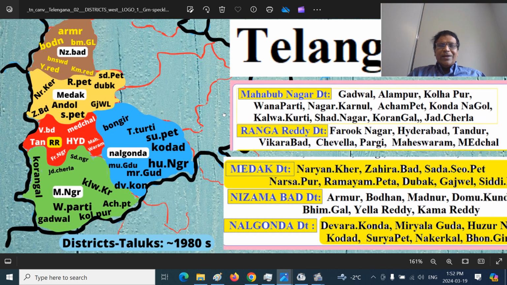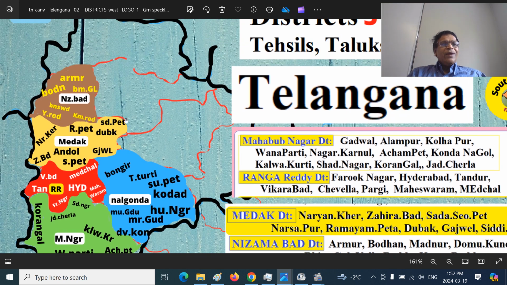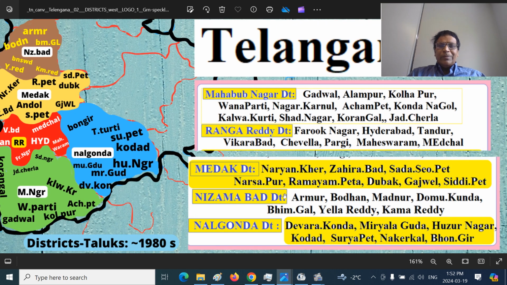Now we talk about Indur district, that is the Nizamabad district, and this is essentially in the Manjra Valley. Northern part overlooks this part is the Godavari River, this western part is Manjra River or Manjira River, that is a tributary of Godavari. So the northern area is the Armoor and Bodhan, and this is the Bhimgal area, northern portions.